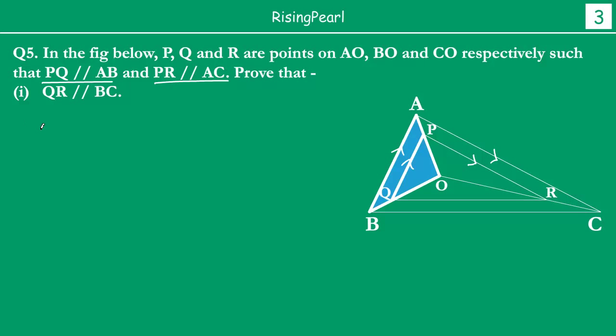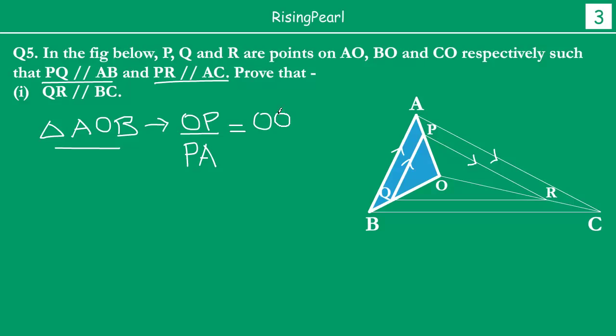It tells us that in triangle AOB, I can say that OP by PA should be equal to OQ by BQ.